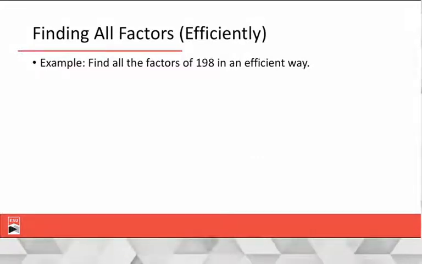Well, this is an example where we know 1 and 198 are factors, and it ends in an 8, so there's got to be a 2 because it's even. If we divide that, we get 99.